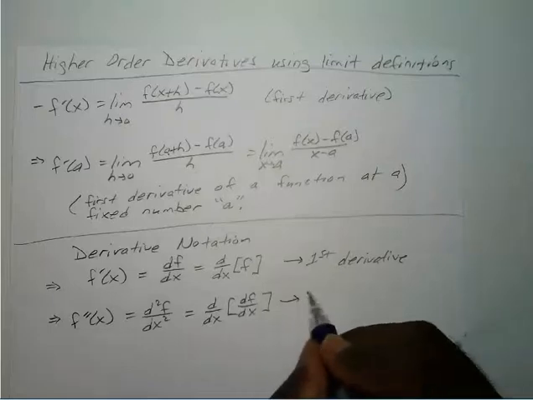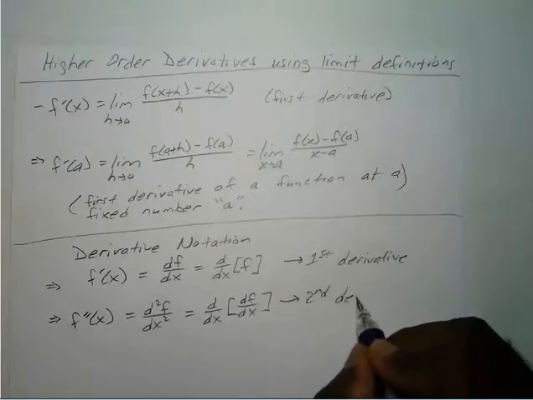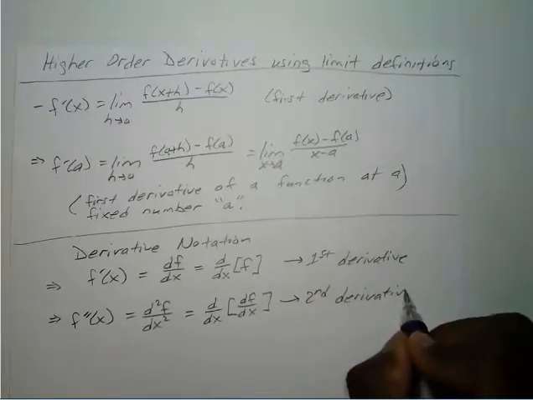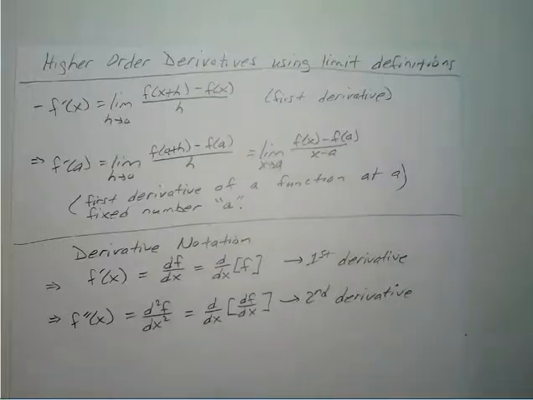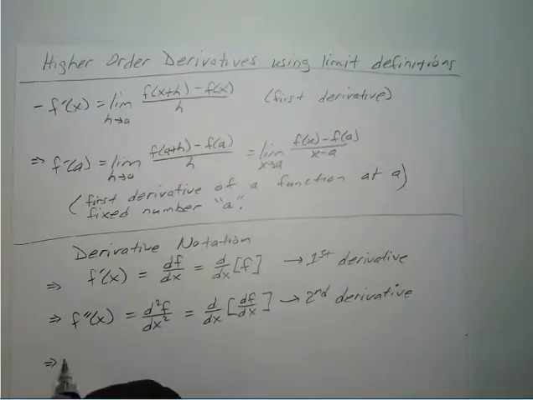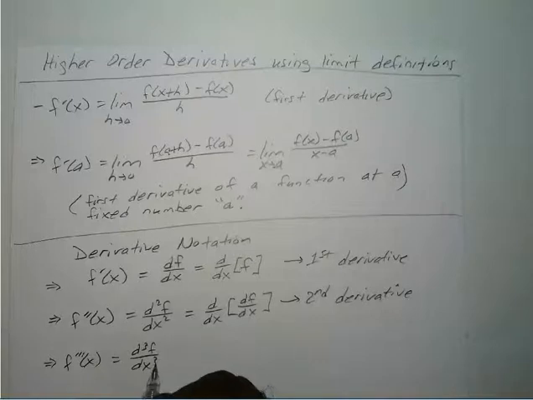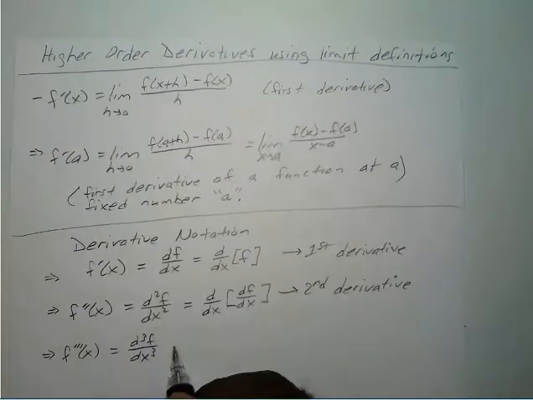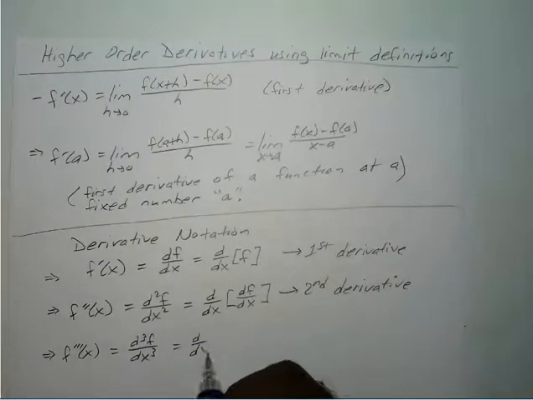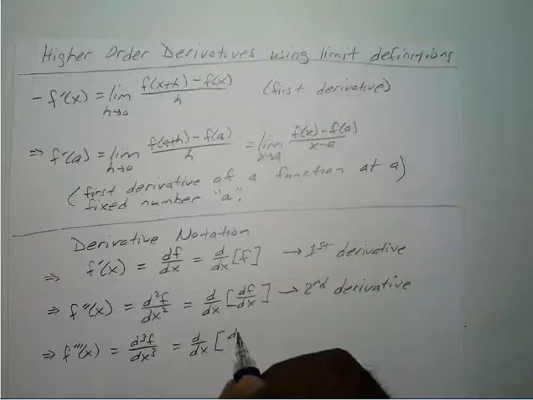And this is your second derivative. Same thing with your third derivative. Your third derivative is just the derivative of your second derivative. Okay, so that's the third derivative of f with respect to x. And that's just the derivative of whatever your second derivative is.